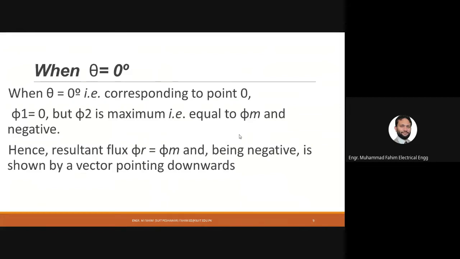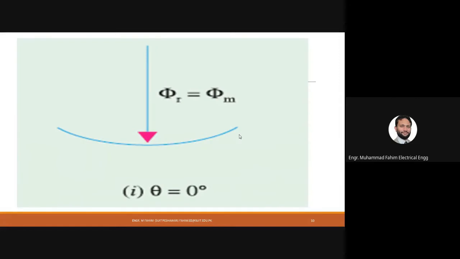Now let's see when theta is 0 degree, that is corresponding to point 0, where phi 1 is equal to 0, but phi 2 is maximum.